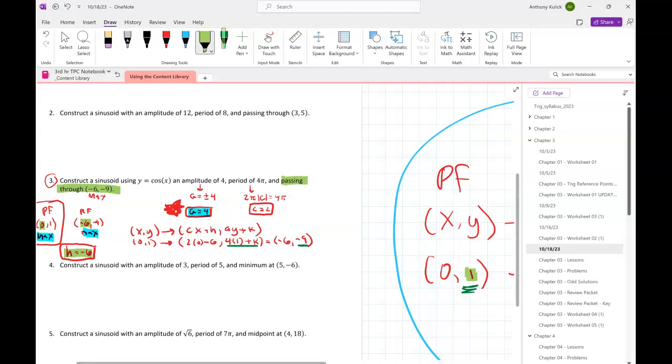So I would pick it to be a midline point, the same as the parent function midline point. Would it be like the period or amplitude? The period and amplitude aren't going to affect whether I pick sine or cosine. That has no bearing. I only care about what kind of point I'm given.